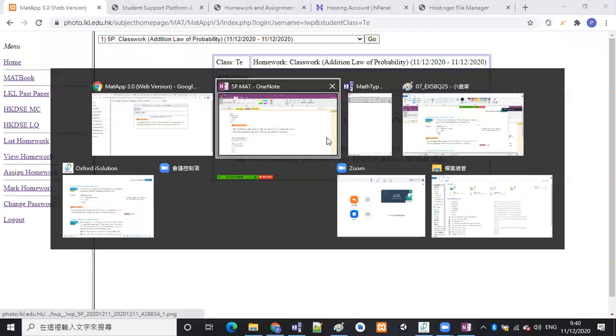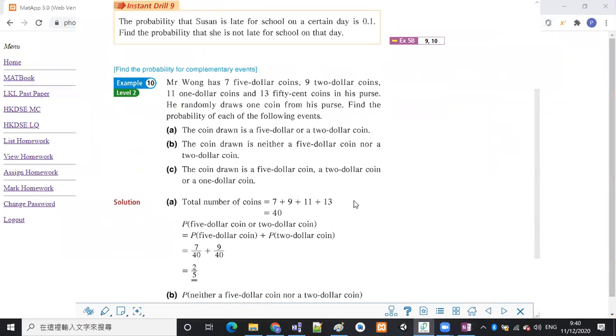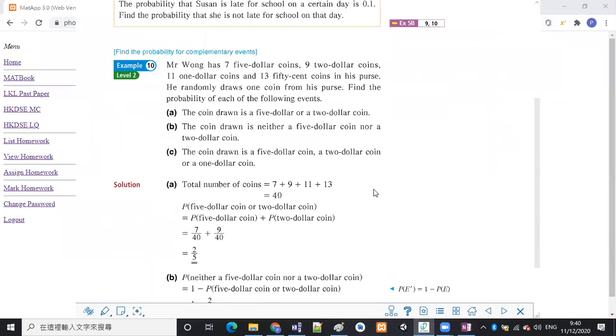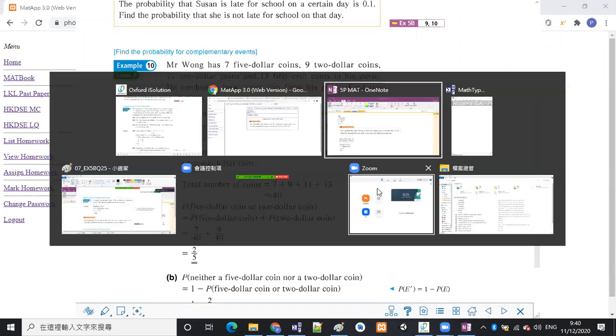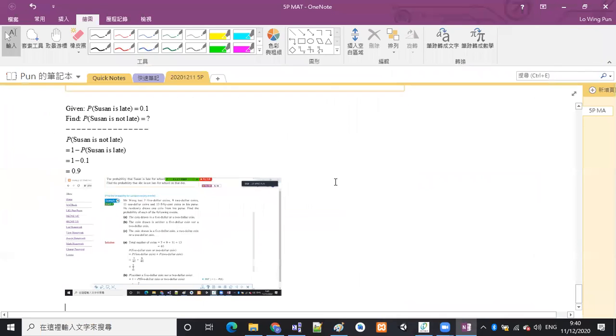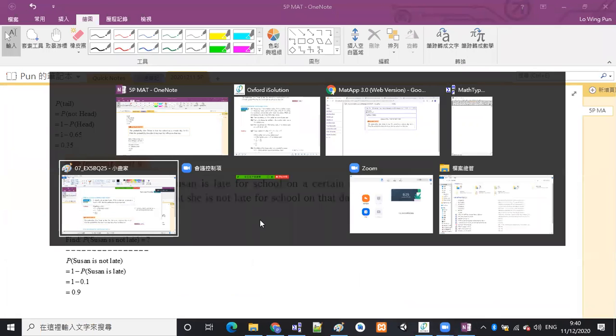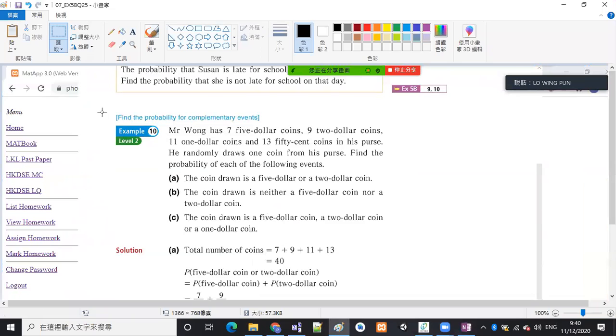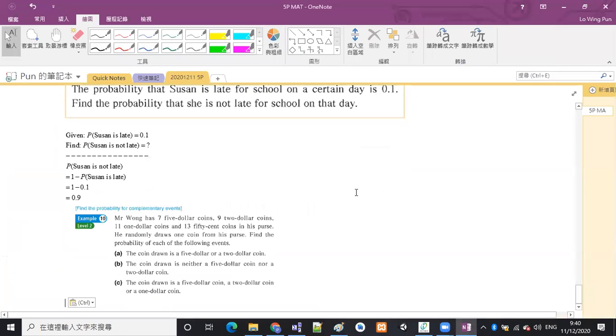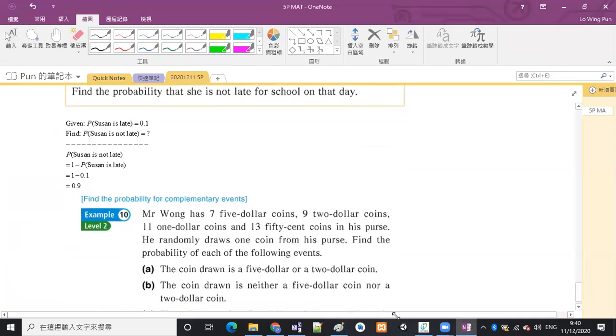Next is the example number 10. 好嗱，我哋試一啲複雜少少嘅計算咯。我哋做埋一題啊。Mr.